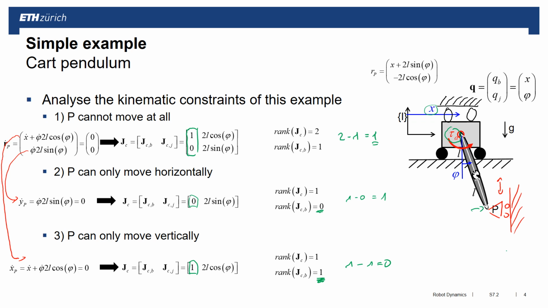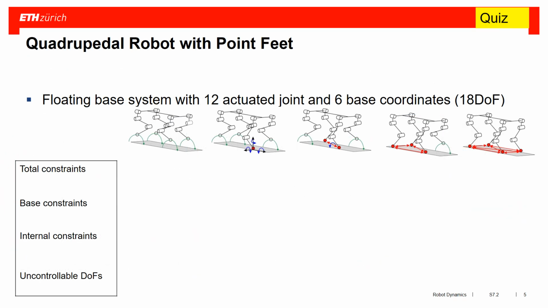And what we did here for a very rudimentary or simple example, we can now apply to much more complex systems. For this, we have prepared a small quiz with a quadruped that is in different configurations. So one is in the air.